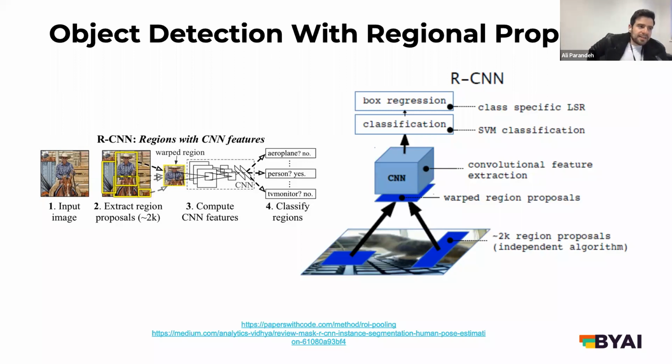And then you have to use a bounding box regressor to project the bounding boxes you got back onto the actual image. Because remember, we're passing the warped region proposals down to the network, so we need to go back and do some kind of regression to get the original bounding boxes on the actual input image.